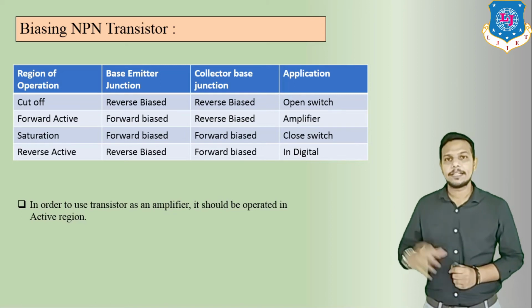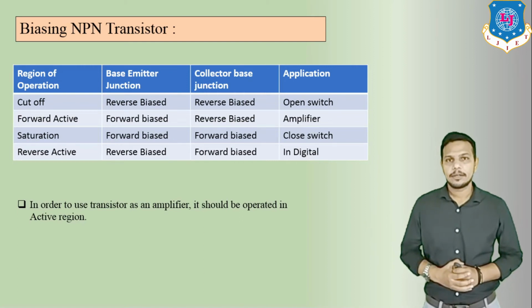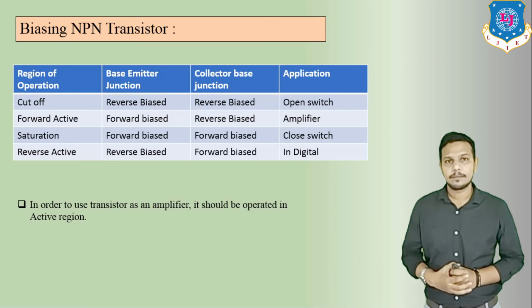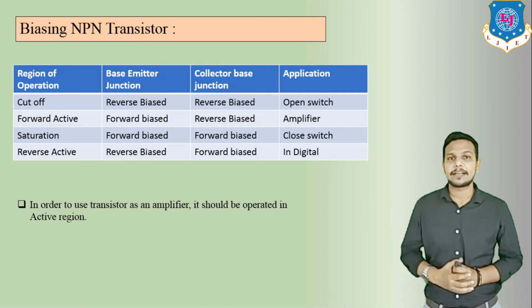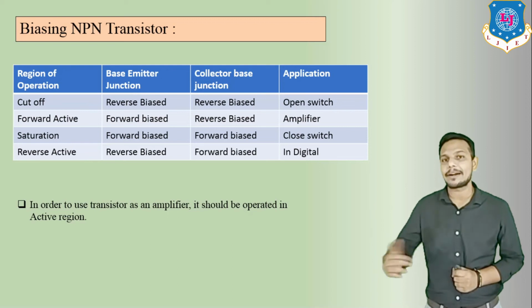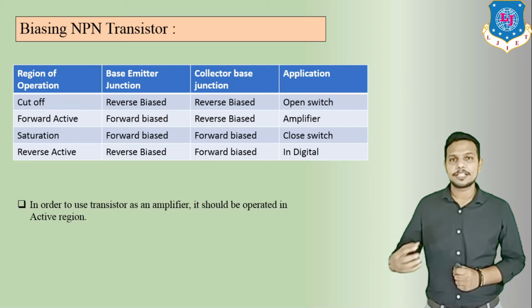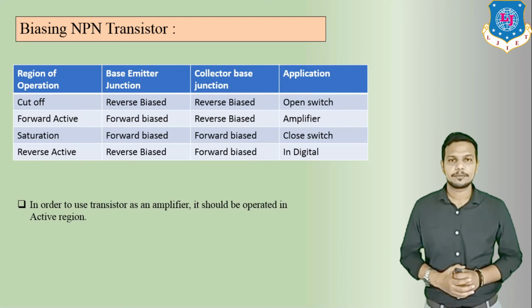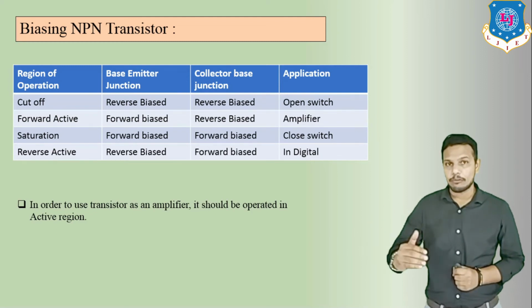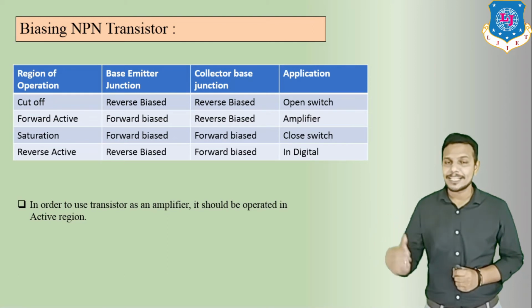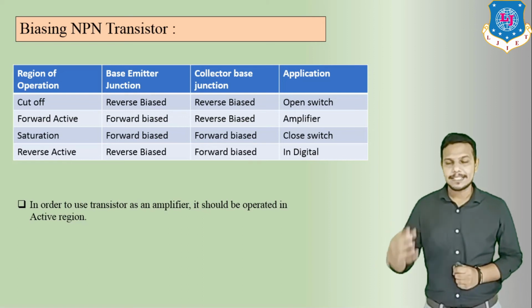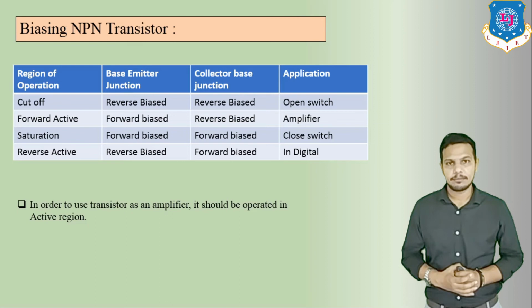Here we can see the regions of operation. If the base-emitter junction is reverse biased and the collector-base junction is reverse biased, both reverse, then the region is known as the cutoff region. Its application is an open switch. If the base-emitter junction is forward biased and the collector-base junction is reverse biased, it works in the forward active region, and its application is amplification.